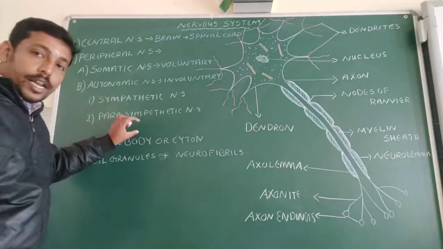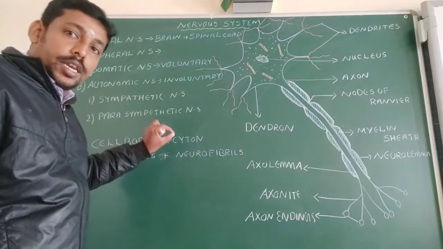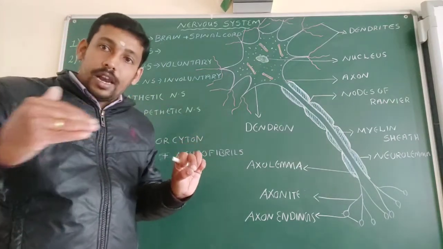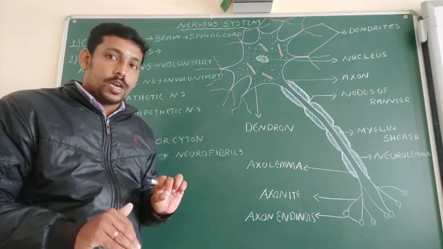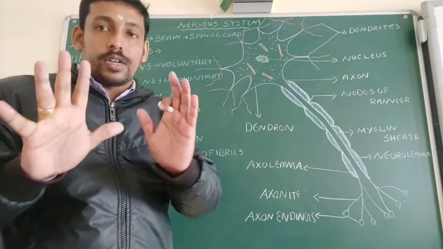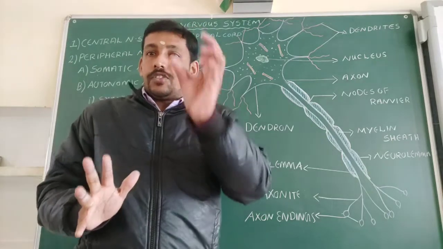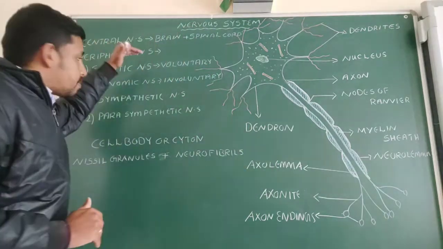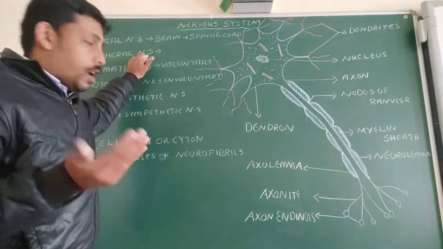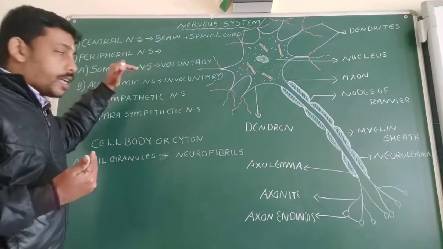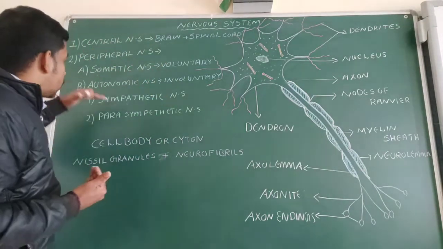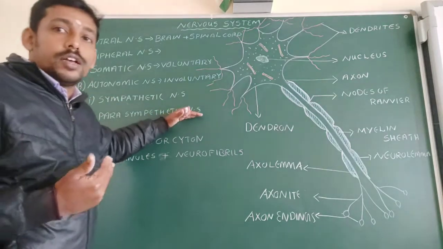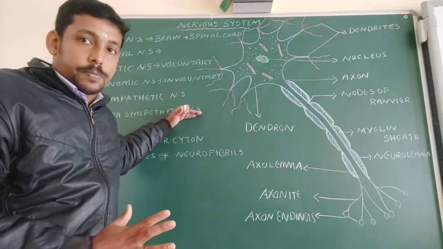We will learn about this in a later section of this chapter. Now we have an idea of the nervous system. It is divided into central and peripheral. Peripheral again divided into what? Somatic and autonomic, voluntary and involuntary. Then comes sympathetic and parasympathetic nervous system.